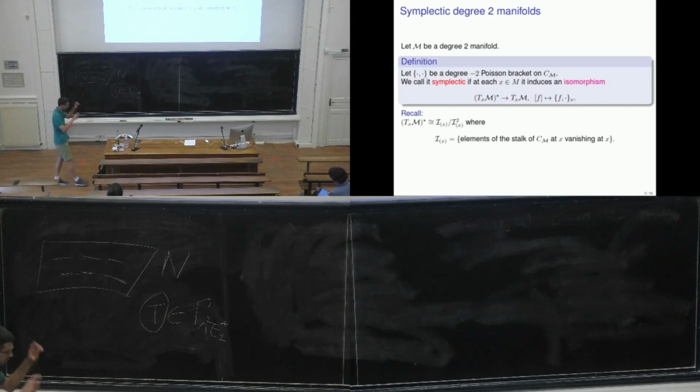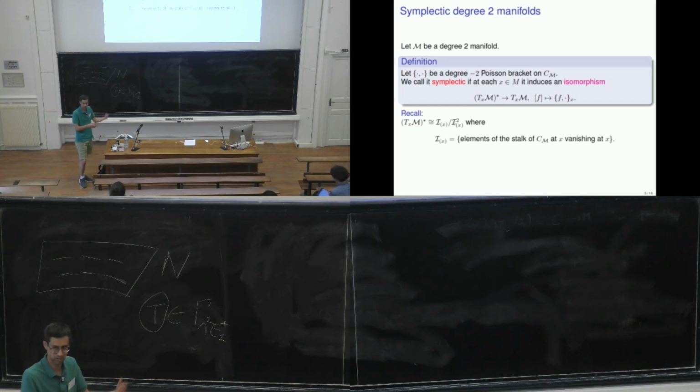These curly brackets take a pair of elements of C(M), of functions, and give another function of degree equal to the sum of the degrees minus 2. It is graded skew-symmetric, satisfies the graded Jacobi identity, and is a biderivation of the product in every entry. Okay, that gives us a degree 2 Poisson manifold.